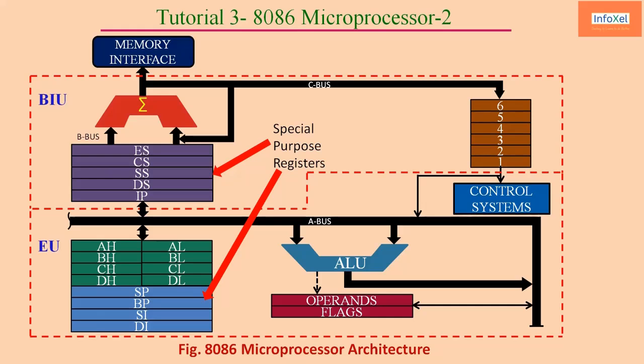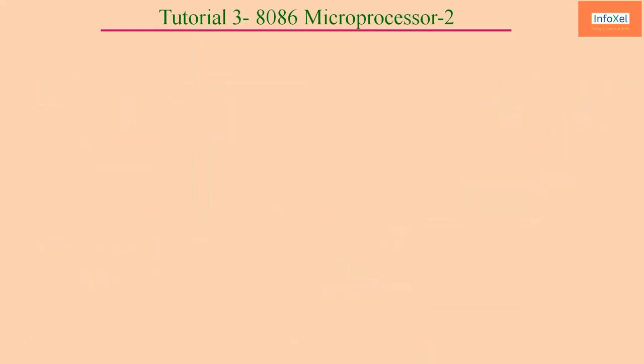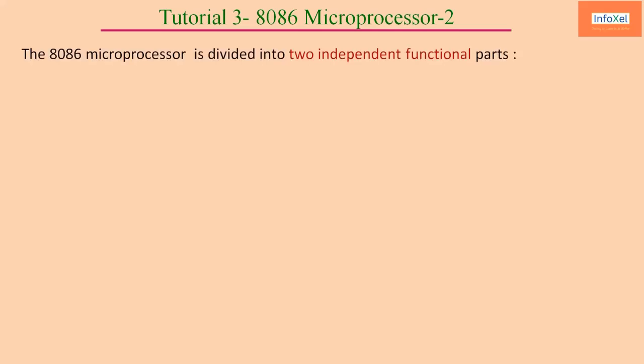It has a 6-byte instruction stream byte queue, 1, 2, 3, 4, 5, 6, and then you can see the summation block which computes the 20-bit physical address, and then the memory interface. So we will now discuss these 2 functional units one by one.